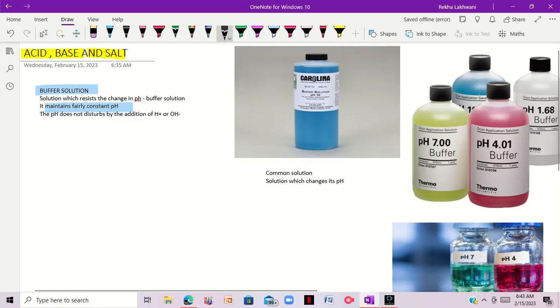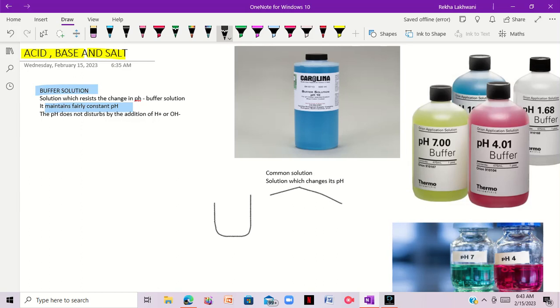For example, over here I'll take a container and add sodium hydroxide. Now what is sodium hydroxide? Sodium hydroxide is basically a strong base, right?